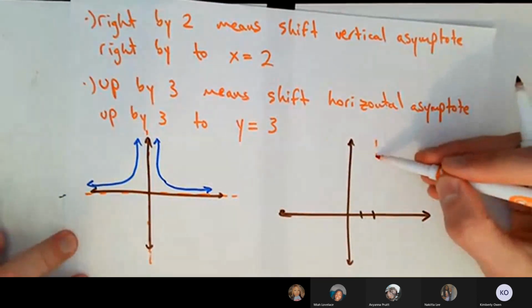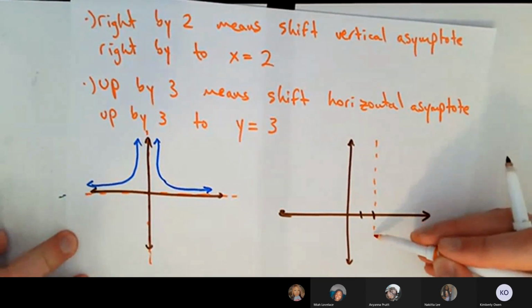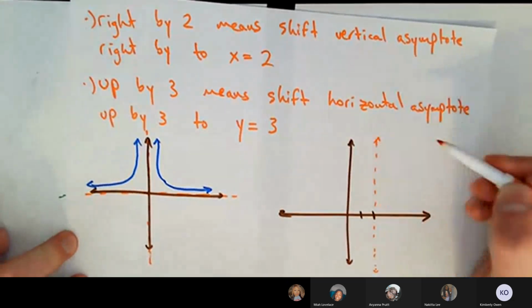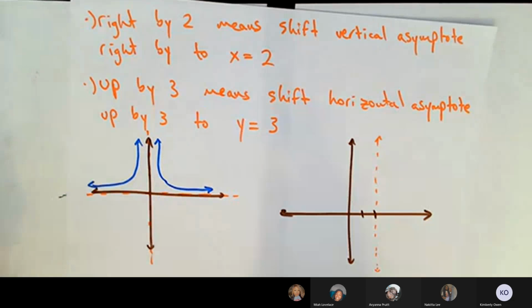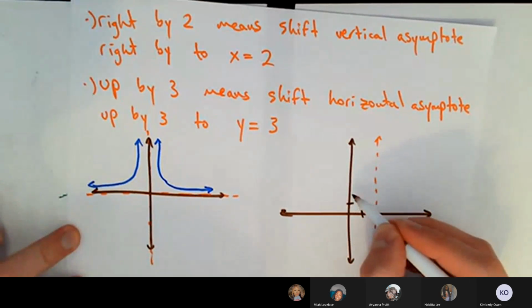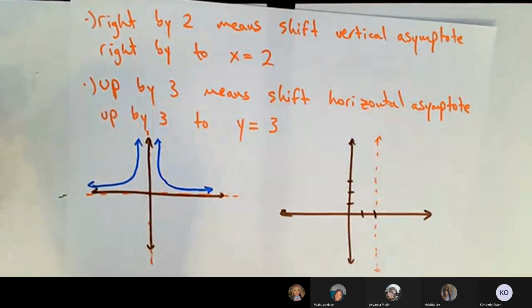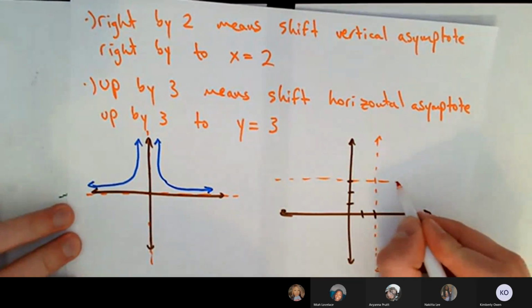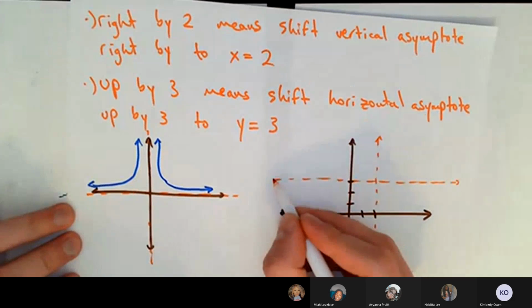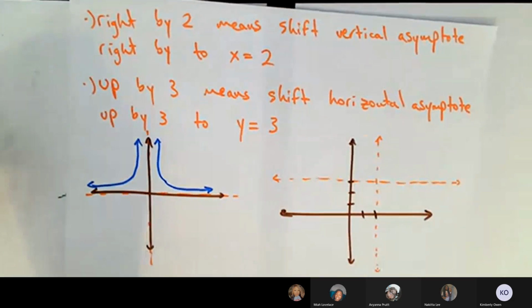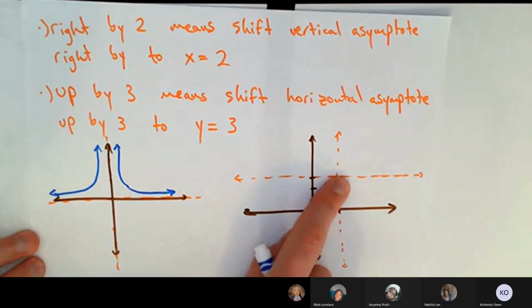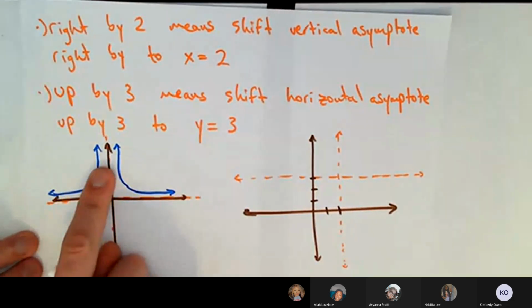So vertical, that means my function should now try to hug this line, okay? And then what about the horizontal asymptote? Well, it's up by 3, so 1, 2, 3, that's where my new horizontal asymptote is. So now my function should try to hug this line. You can almost think of it as if the axes have floated over here, and you keep the shape of the graph the same.